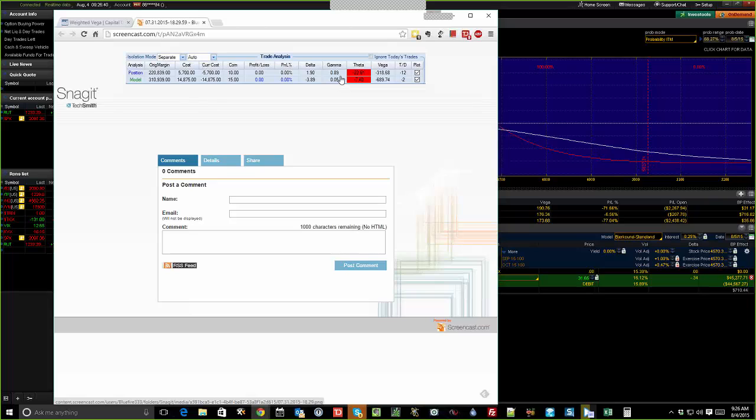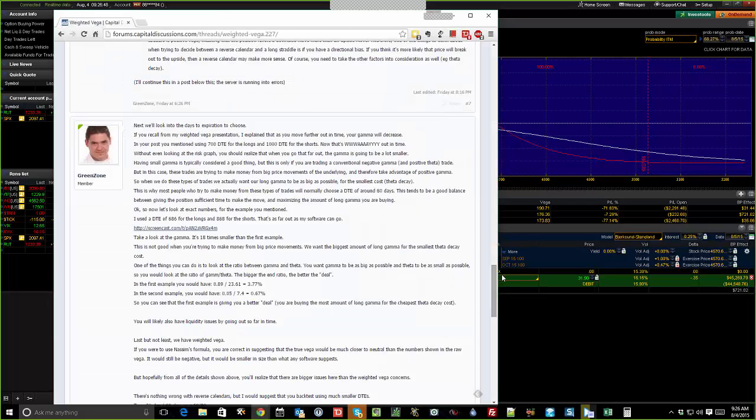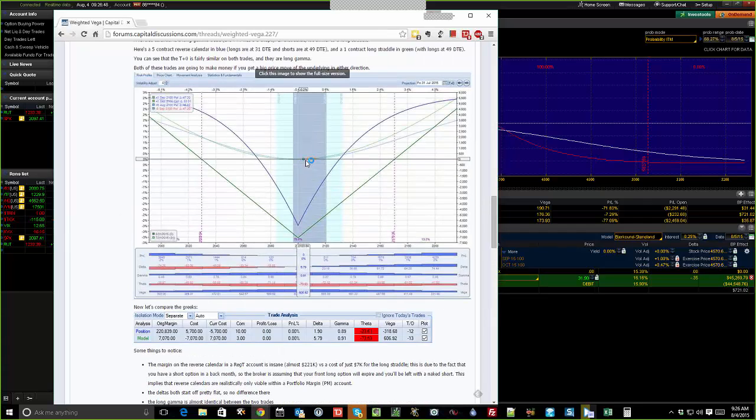Okay, so what this implies is that, as we expect, the further out in time you go, the smaller the gamma is going to be. But what that's going to give you is again a very, very flat T plus 0 line, such that you need a huge movement up or down in order to make any money, right? So you're minimizing your potential of making money from gamma and delta, and you still have to live with the risks of Vega and theta, right?